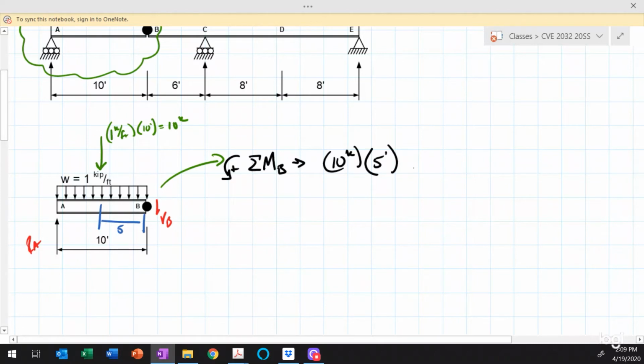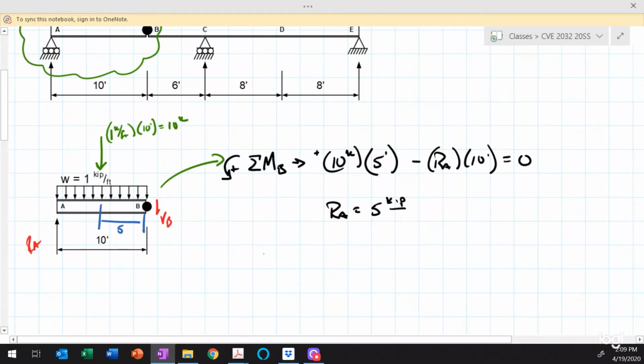So 10 kips, 5 feet, and it's positive. Then I have minus R sub A acting over 10 feet, and that should be equal to 0. So when I solve for R sub A, I get that R sub A is equal to 5 kips.